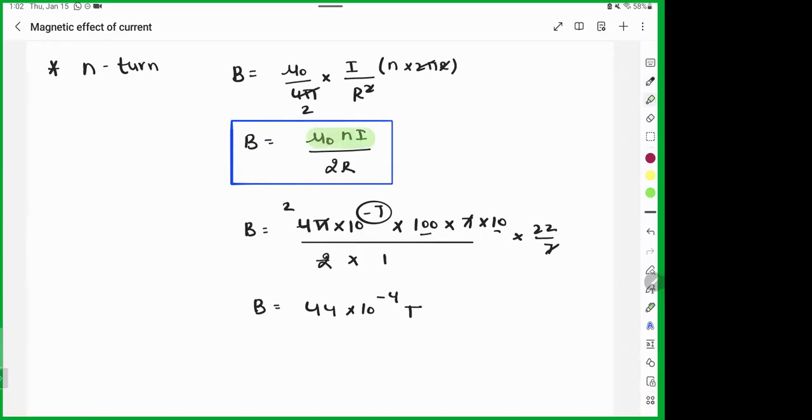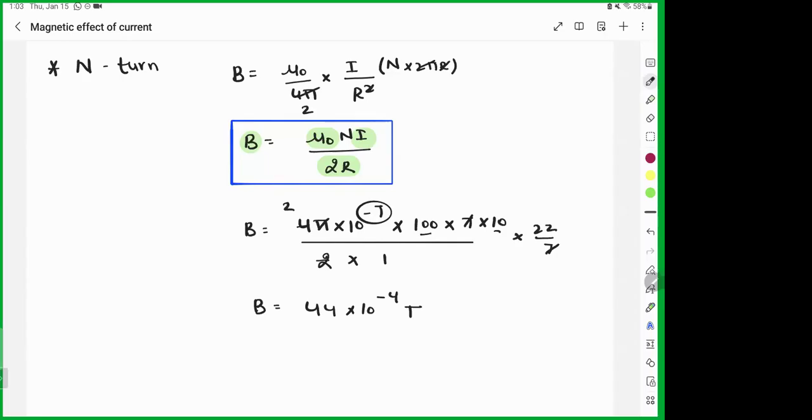Understood, guys? And don't write small n, write capital N, because you will confuse it with number of turns per unit length. Any doubt? Understood?